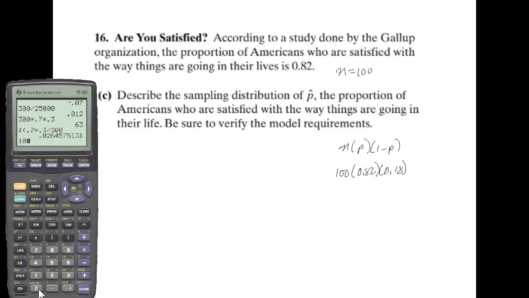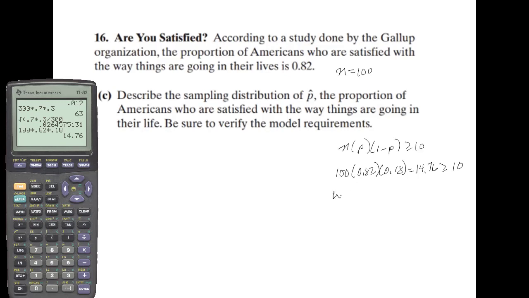So 100 times 0.82 times 0.18 is 14.7, which is greater than or equal to 10.